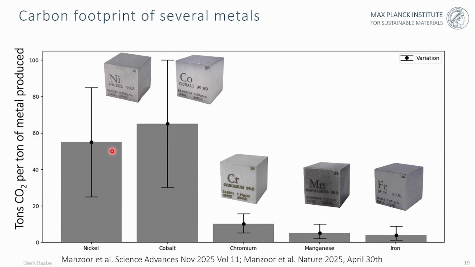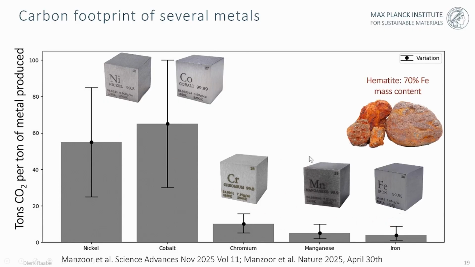While when you look into these more critical and strategic elements like nickel or cobalt that you need for stainless steels, for special high temperature alloys, for super alloys, or for cathodes for car batteries, for electrical vehicles, and so on, they come in part with a much higher CO2 footprint compared to these standard commodity metals.